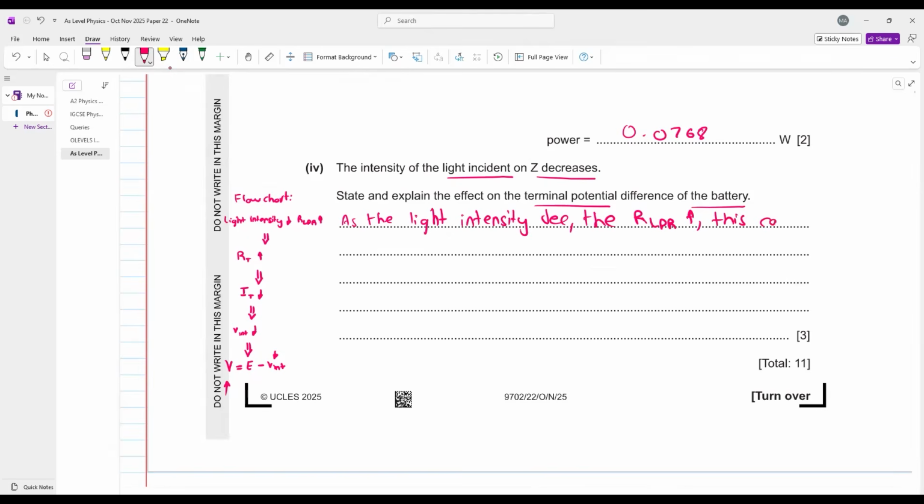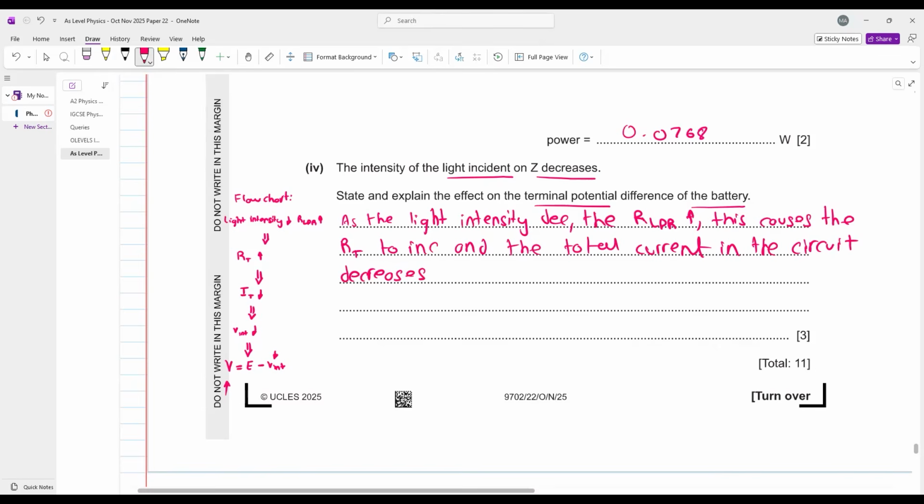This causes the total resistance to increase and the total current in the circuit decreases. Okay. Total resistance will increase, total current will do what? It will decrease. Okay. What will happen further?